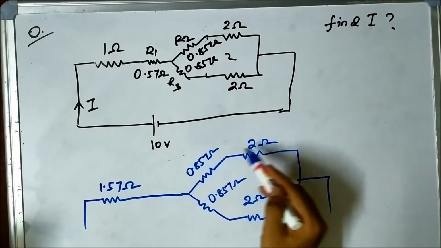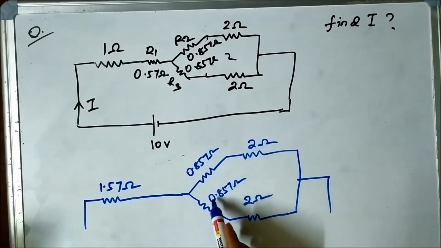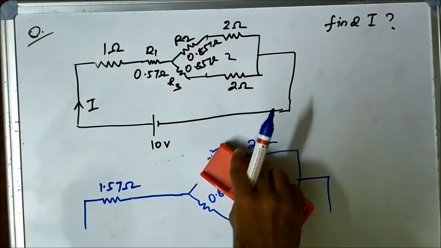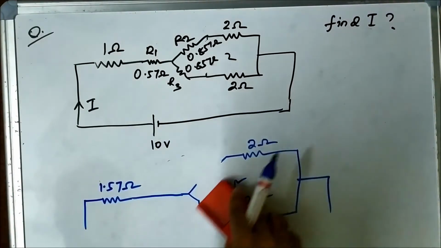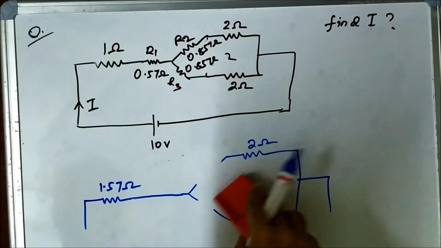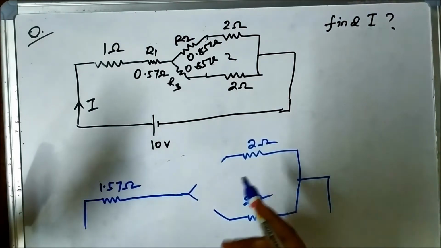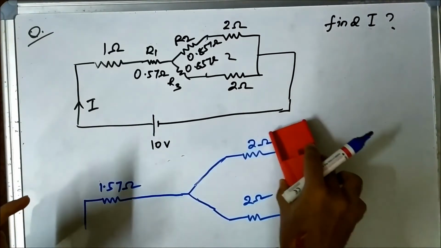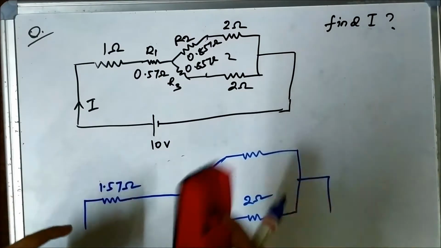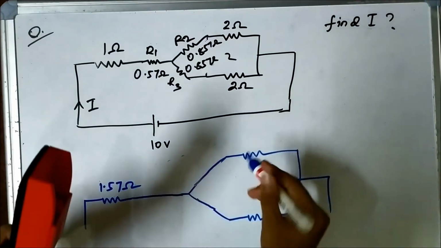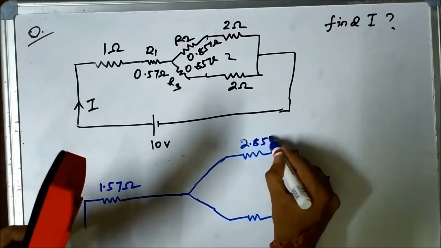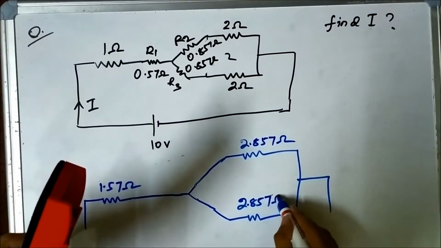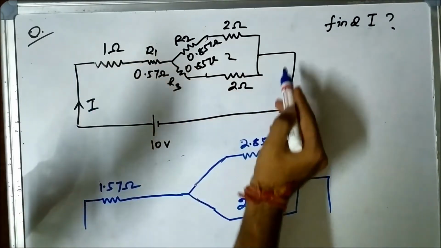This 0.857 ohm and 2 ohm are in series, so we can combine them into one resistance in both the branches. This will be 2.857 ohm, and this is also 2.857 ohm.